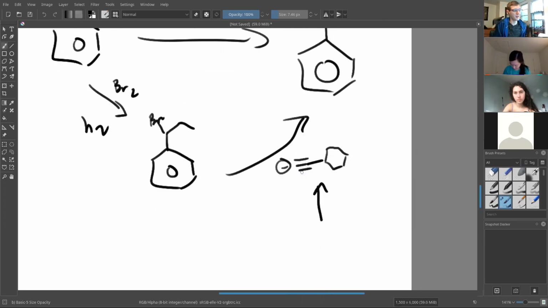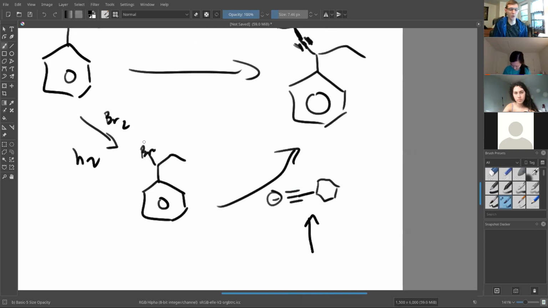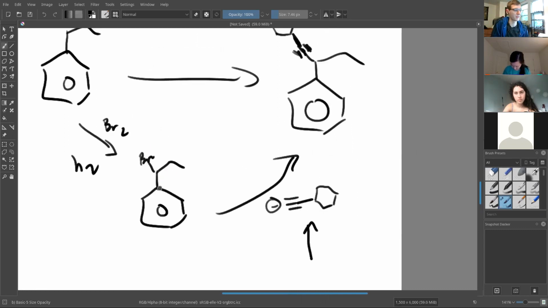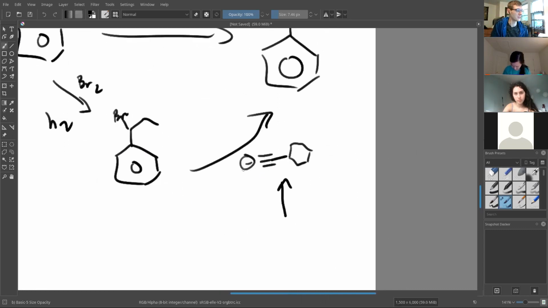Yeah, but that's on this. We're doing SN2 to take this bromine off, right? But making this anion that we want to use in the SN2, that's not SN2. That's a different reaction, which you have learned. It might not be coming to mind.